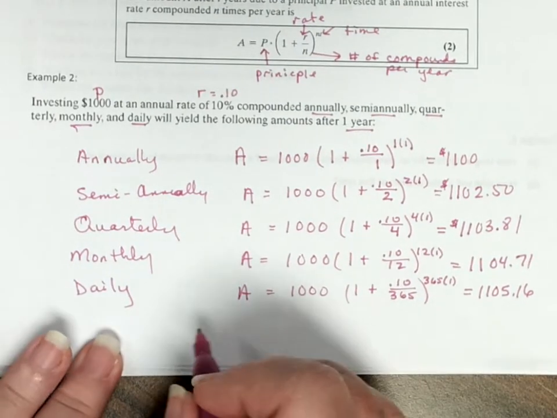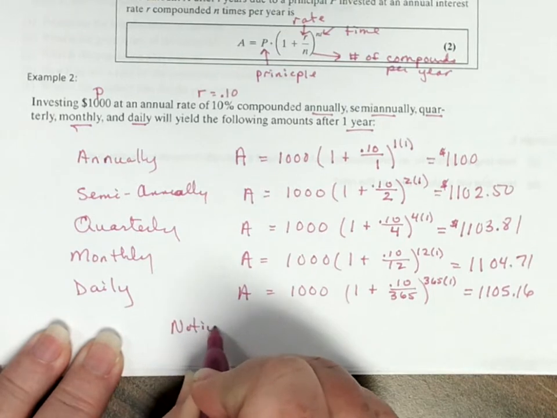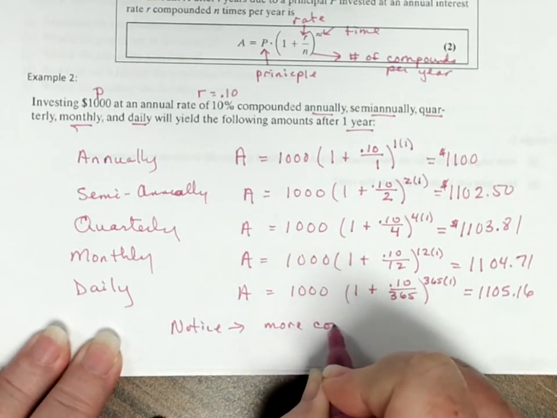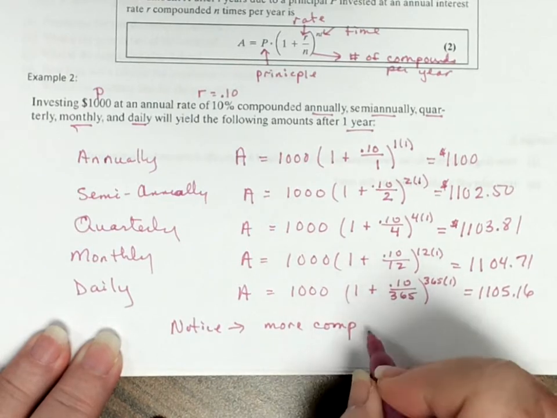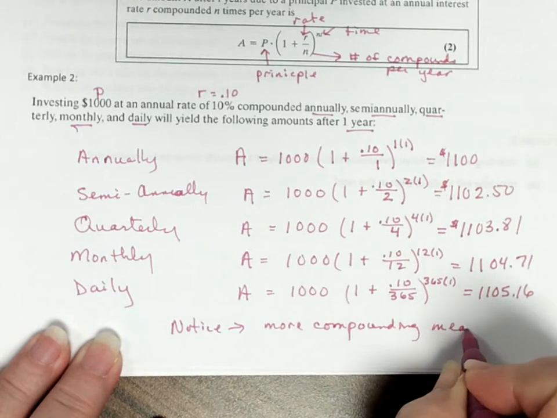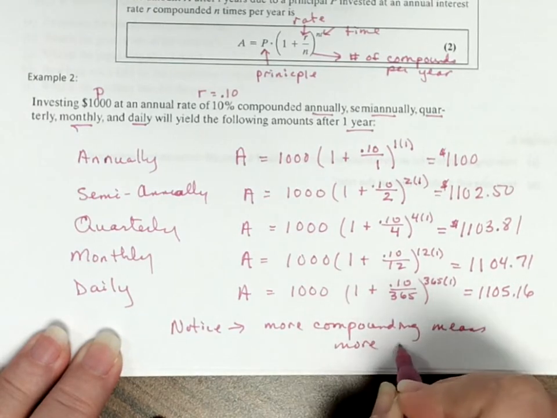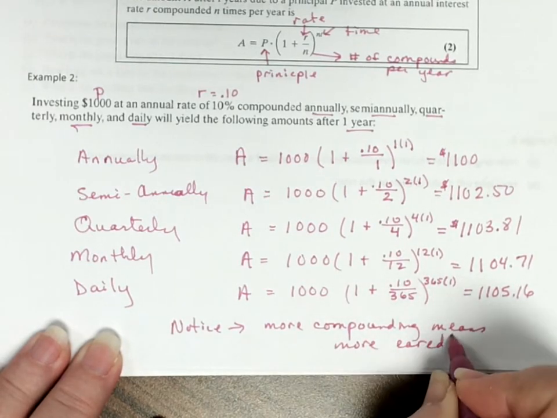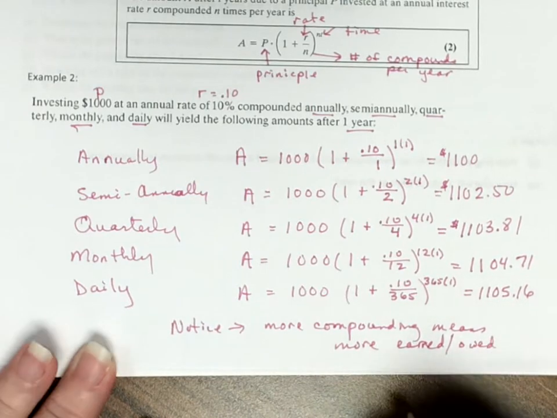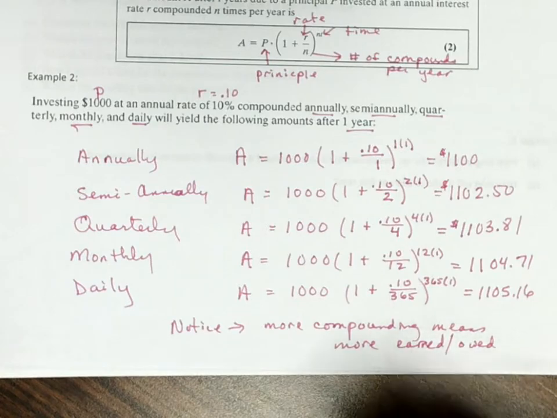So hopefully what you have noticed here is that the more you compound per year, more compounding means more earned or owed. Okay? More earned or owed.